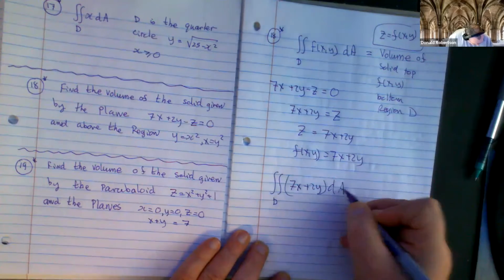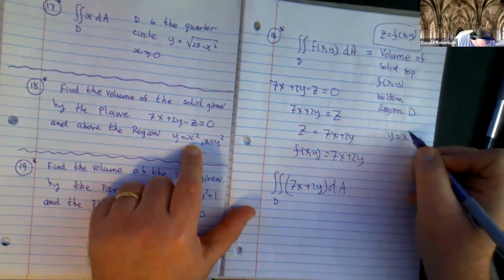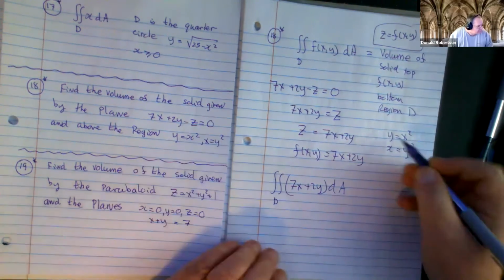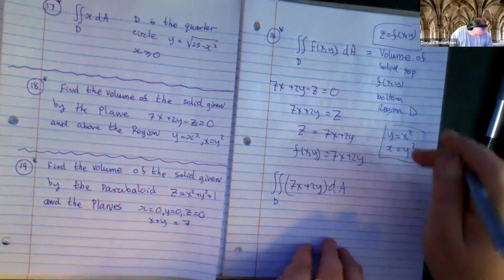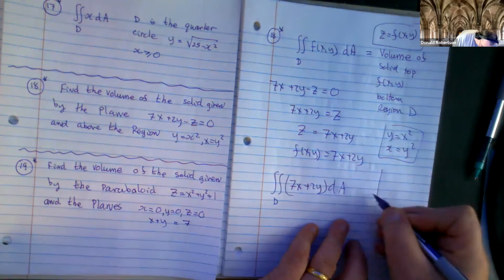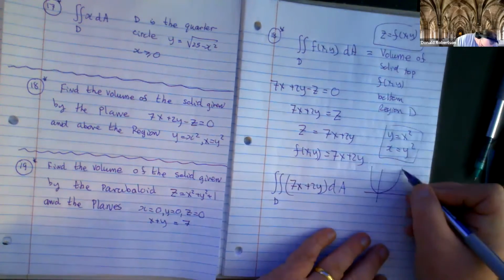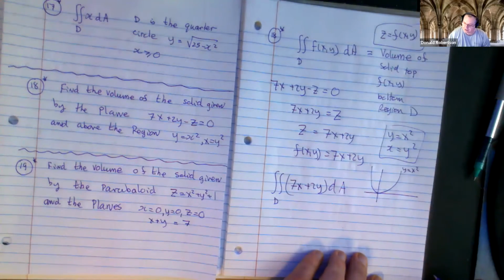And now I'll focus on the region. And the region is y equals x squared and x equals y squared. I could do that in Desmos, but since I'm kind of rushed for time and space, would you agree that that is y equals x squared? Are we comfortable that's y equals x squared?